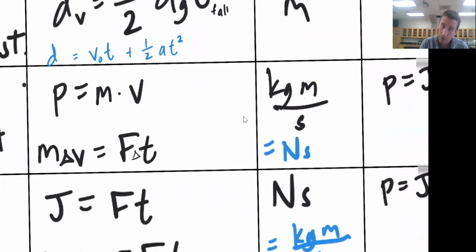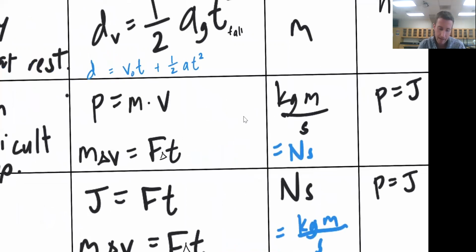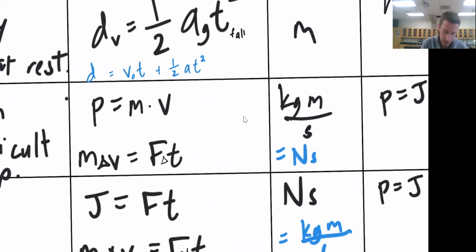Momentum is equal to impulse. So the units there are kilograms times meters over seconds. That's equivalent to newtons times seconds, but I got that by saying the mass unit was kilograms, the velocity unit was meters per second, so I just squish them together and I get kilograms meters per second.